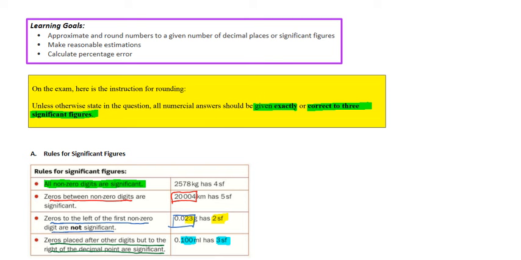Sometimes we call the prior example leading zeros, which are not significant. We call these trailing zeros, and they are significant. And we call the other type sandwiched zeros, and those are also significant.